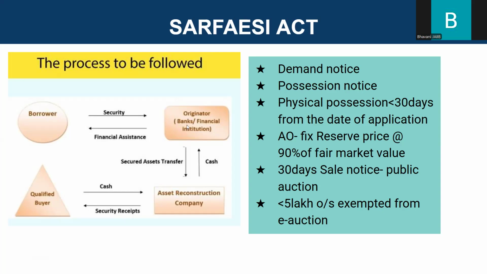In that case, the bank transfers the secured assets to the asset reconstruction company, where the asset reconstruction company gives the security receipts to a qualified buyer, which means the security which was lying with the bank will be sold in an auction to the qualified buyer, and then the cash is taken from the buyer and given to the bank. So this is roughly how the SARFAESI Act works.